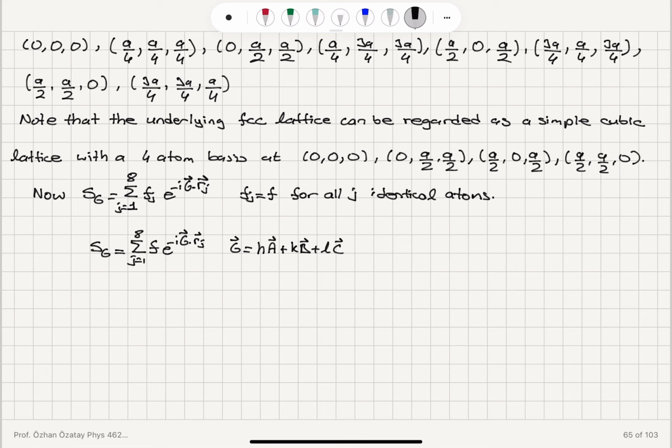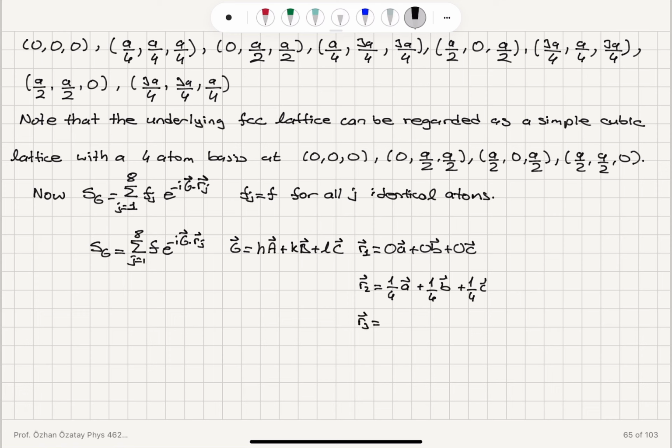The position vectors of these atoms in the basis are 0A plus 0B plus 0C. The second one, R2, is at 1/4 A basis vector plus 1/4 B basis vector plus 1/4 C basis vector.